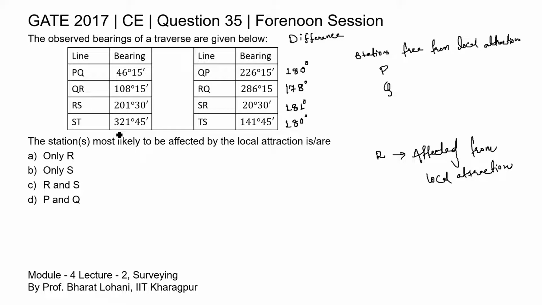So now we can say stations S and T are free from local attraction. So among stations P, Q, R, S and T, only station R is affected by local attraction.